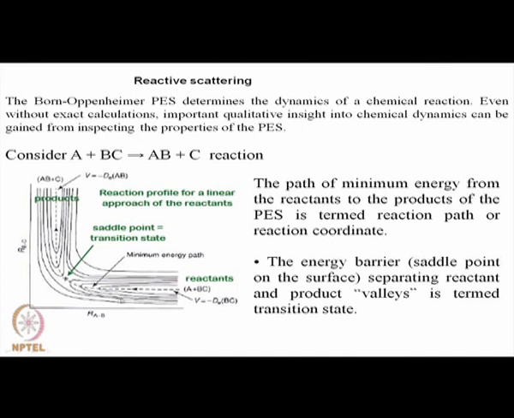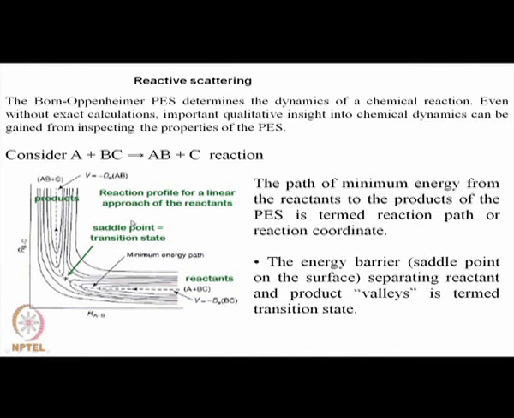This is the minimum energy path, giving rise to the product AB plus C. This arrow, and this is the highest energy point, which is called the transition state.